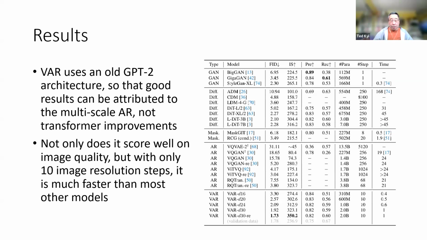If you did one patch at a time, you would have 256 inference steps. They had 10 inference steps, going from 1 to 16 by 16 in just 10 steps. Maybe those individual steps were a little bit more expensive each, maybe not. I haven't really done the math. But you can imagine that 10 inference steps is still going to be a lot cheaper than 256 inference steps.